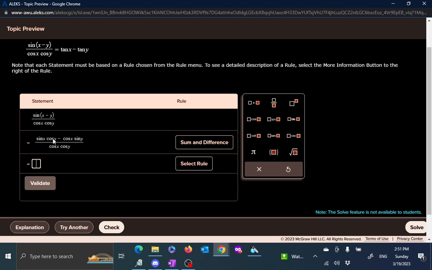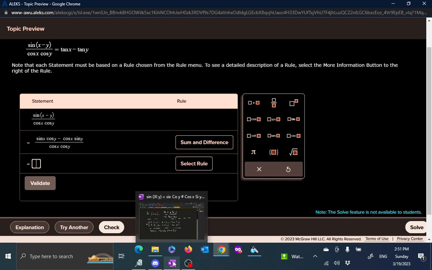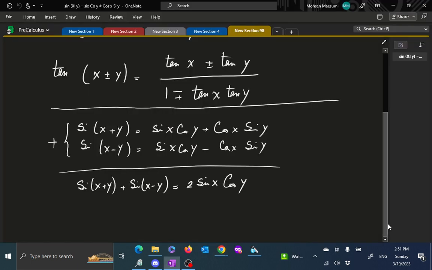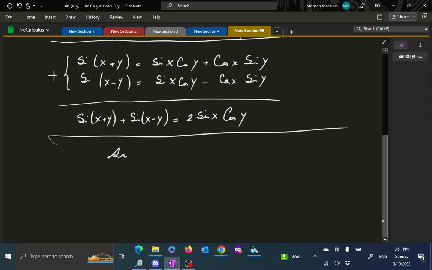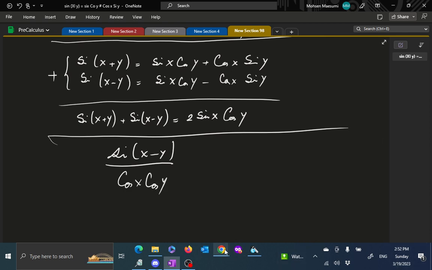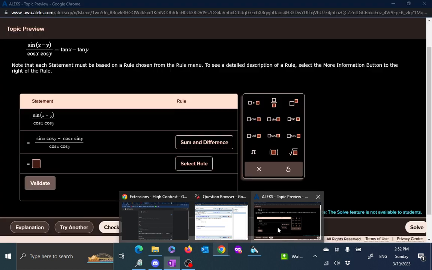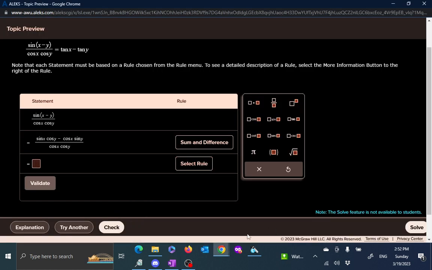Next, we are gonna take this fraction and split it into 2 pieces. So let me just write it for you so that you see what's happening. So what did you have over there? We have sine of x minus y over cosine of x cosine of y.